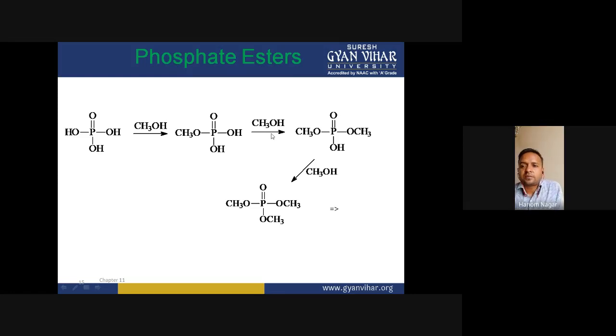And when this alcohol further reacts with the compound formed in the first step, there is also substitution of an OH group by the methoxy group and formation of dimethoxy phosphate ester. And when there is one more OH group, it can also be substituted by the methoxy group of alcohol, and this produces the phosphate ester. This is the phosphate ester. All the OH groups are converted into ester groups.